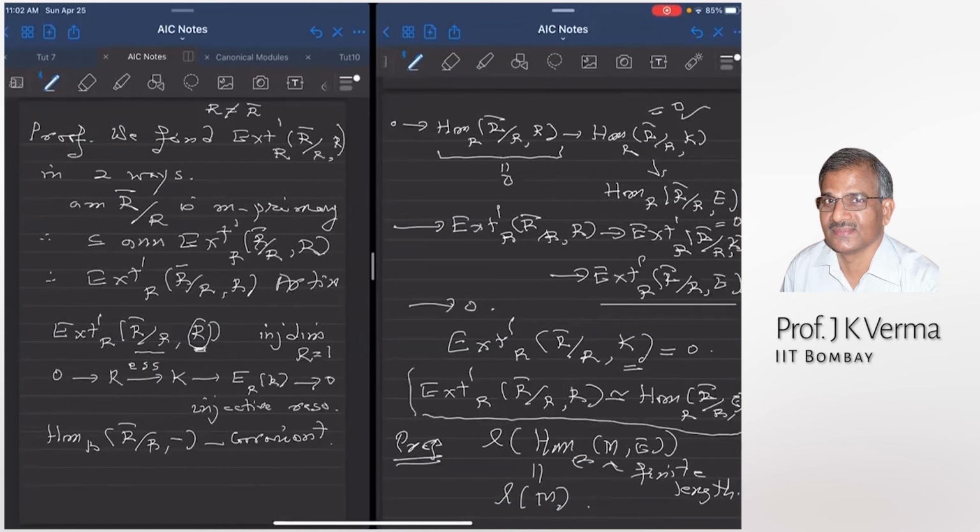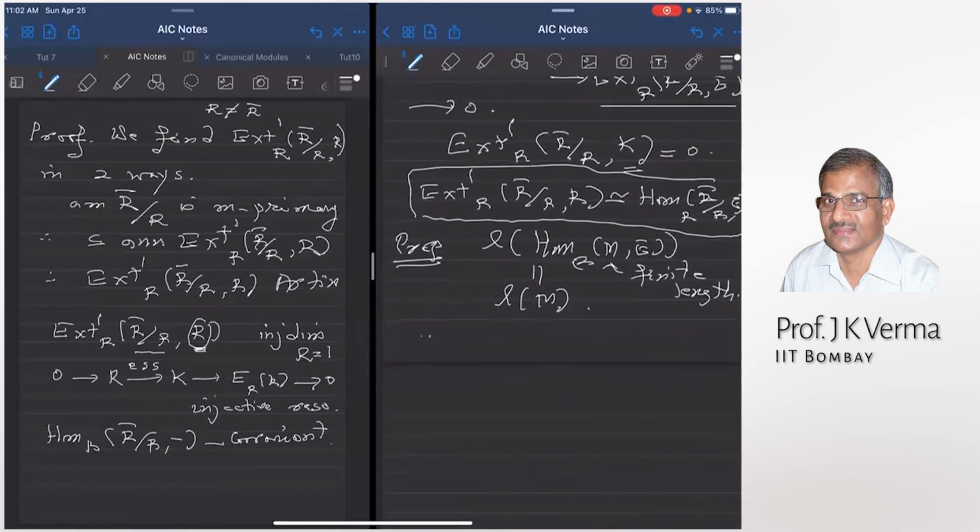So by using this proposition, the length of Ext^1(R bar over R, R) is equal to the length of R bar over R. Okay.